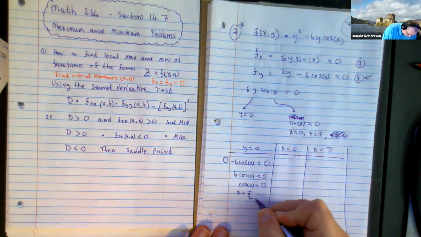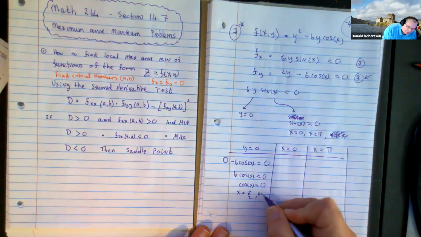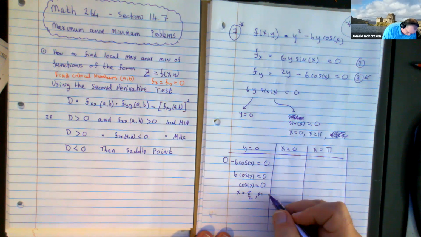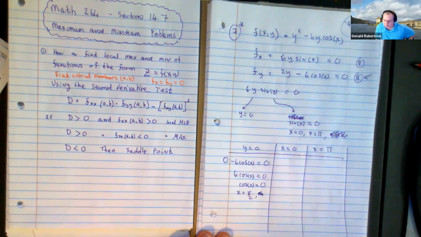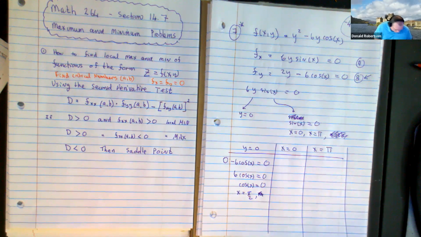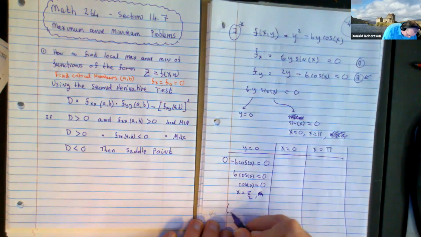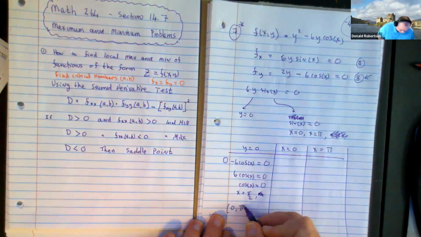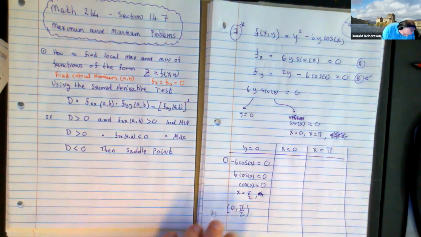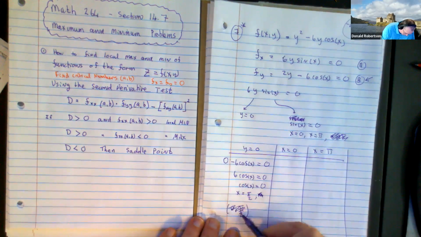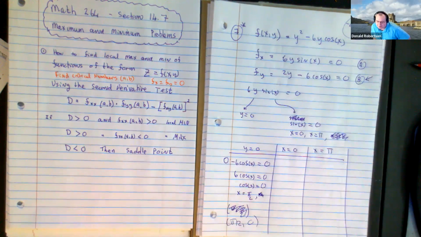And the other place is going to happen at 3/2 pi, which is too big. So only going to use that answer. So I've got my first critical number. Are you happy where that one came from?